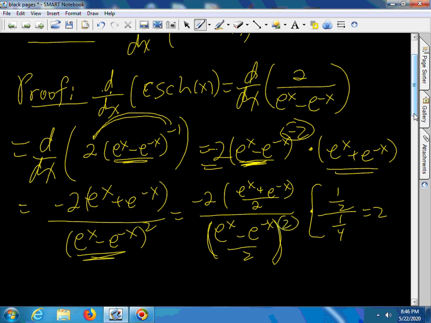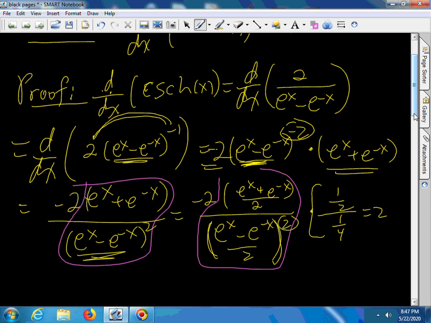That is, out of nowhere in here, I multiply this by 2. That means I already dealt with multiplying by 2. Okay, so we have that.